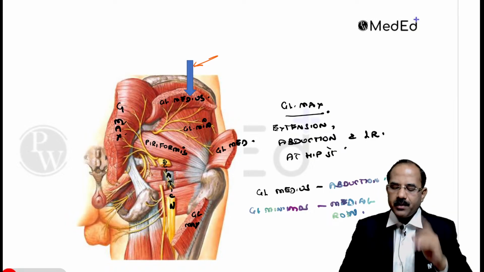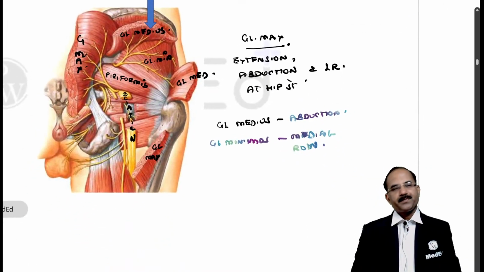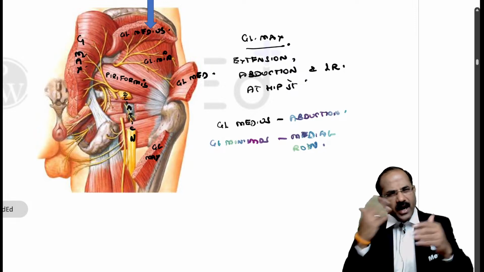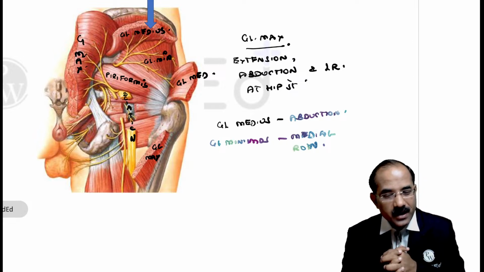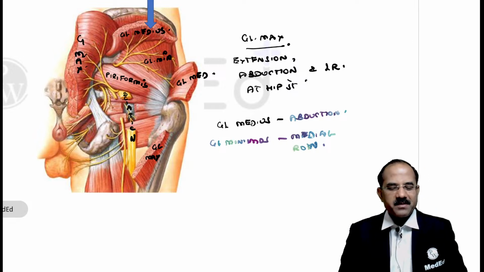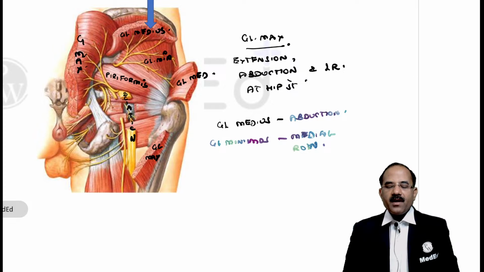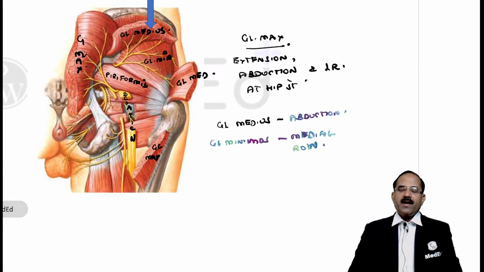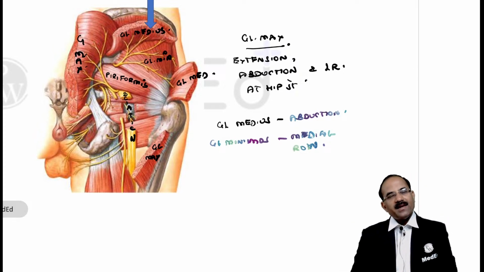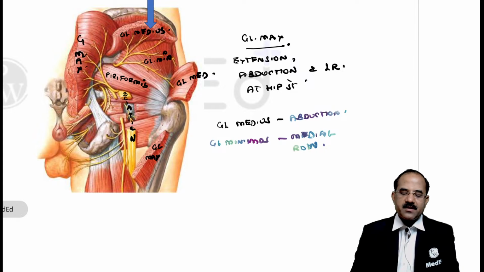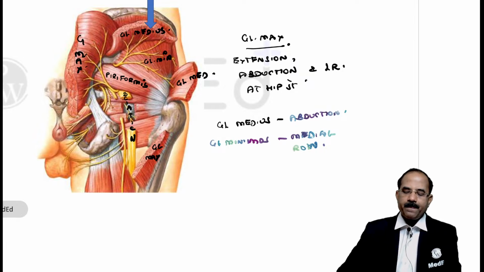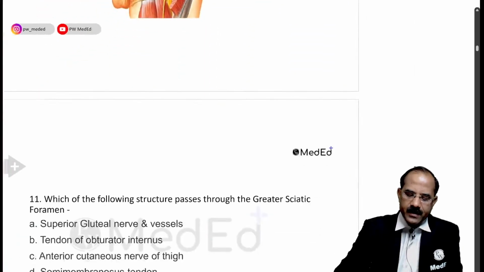This is extremely important, students. I'm trying to cover as much as possible, whatever maximum I can cover, the important topics and important MCQs. Clear? So what is the action of gluteus maximus? Extension, abduction, and lateral rotation at the hip joint. Gluteus medius, abduction at the hip joint, and minimus causes medial rotation. Clear? At the hip joint.